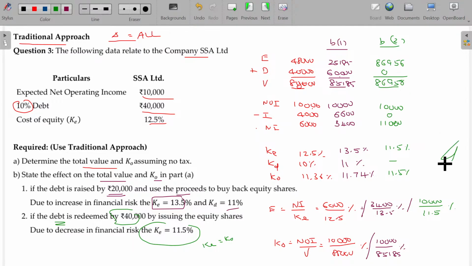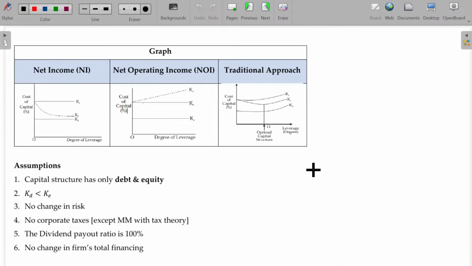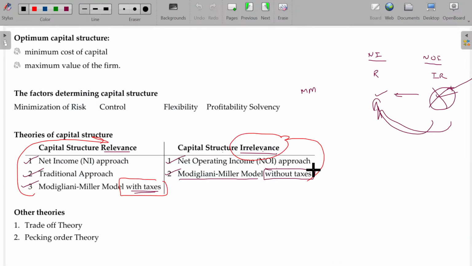Clear? Now, as per the traditional approach, which model do you have to choose? The model that gives more value to the firm and lower cost should be chosen. Already we have studied, right? What is the intention of a capital structure decision?